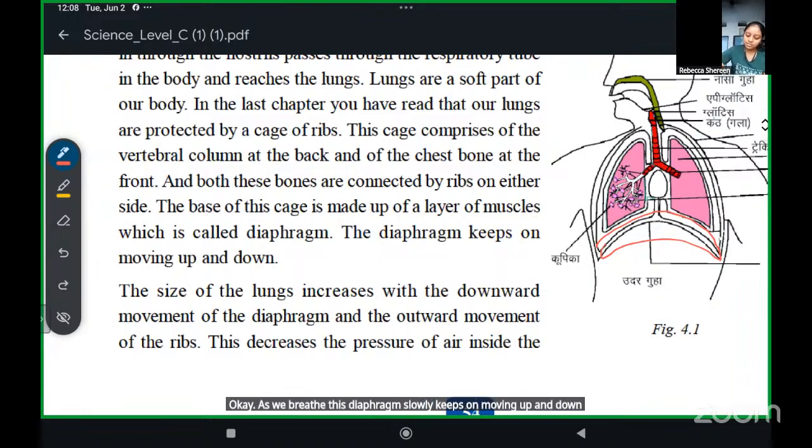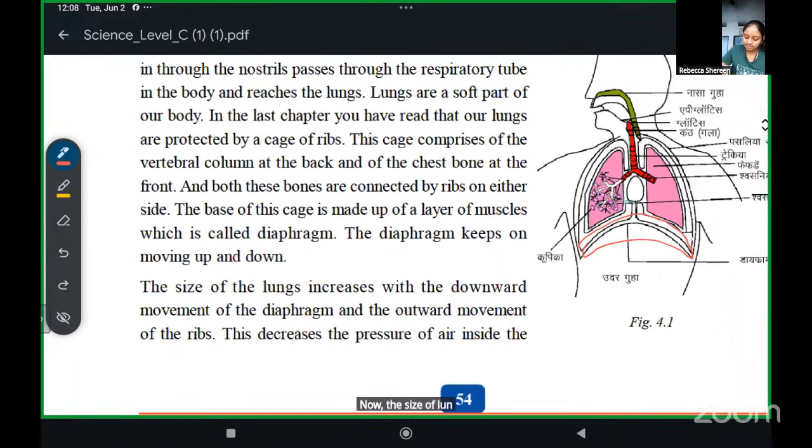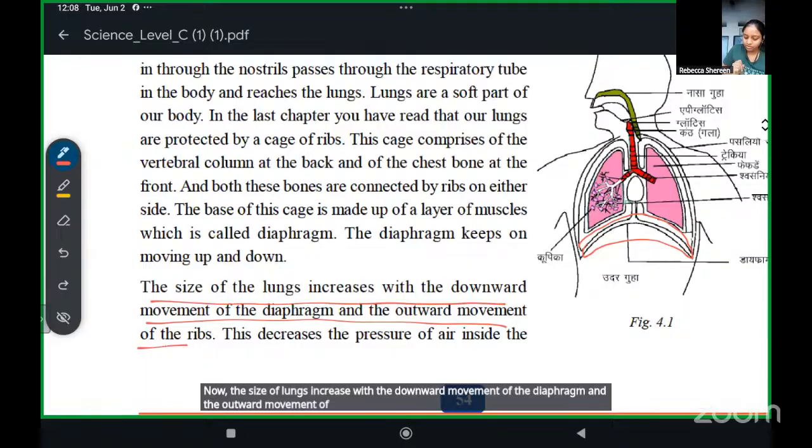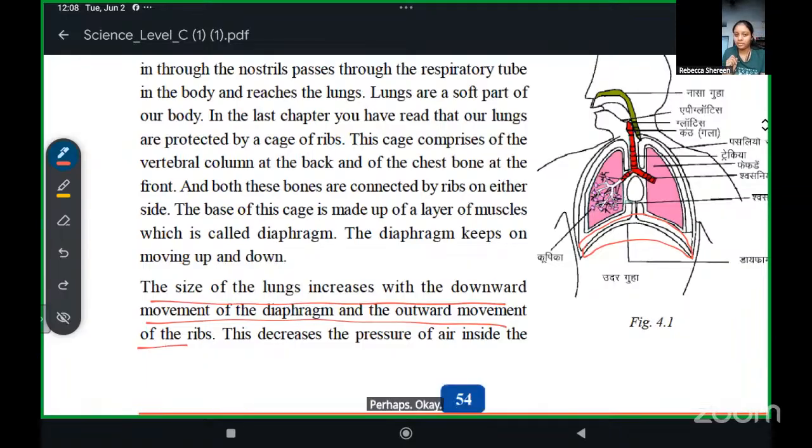The size of the lungs increases with the downward movement of the diaphragm and the outward movement of the ribs. What happens when we breathe in? The lungs fill with air, and the diaphragm moves downward.